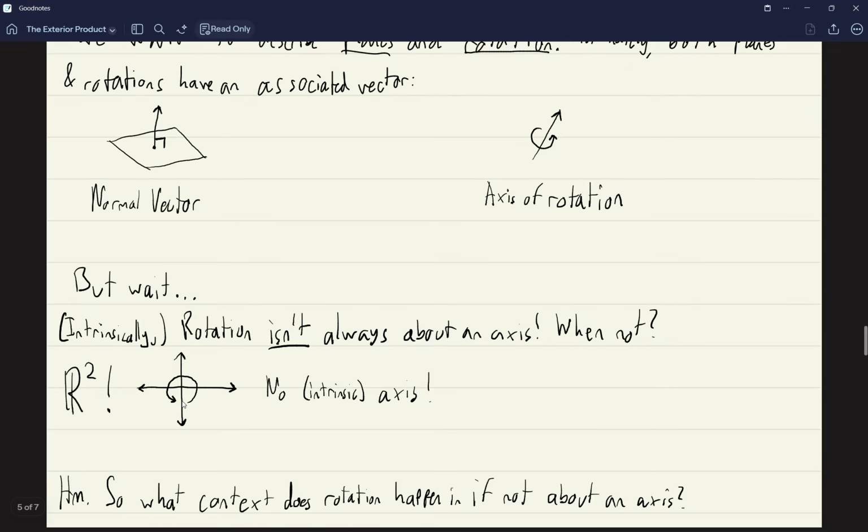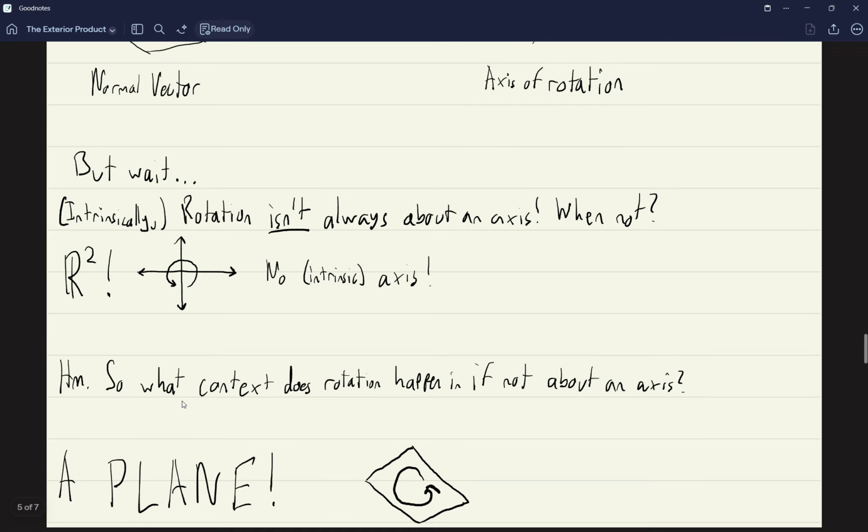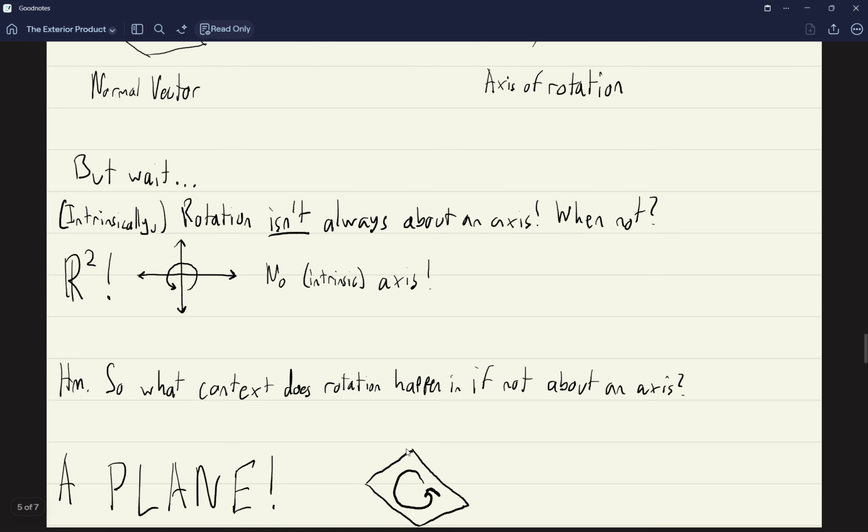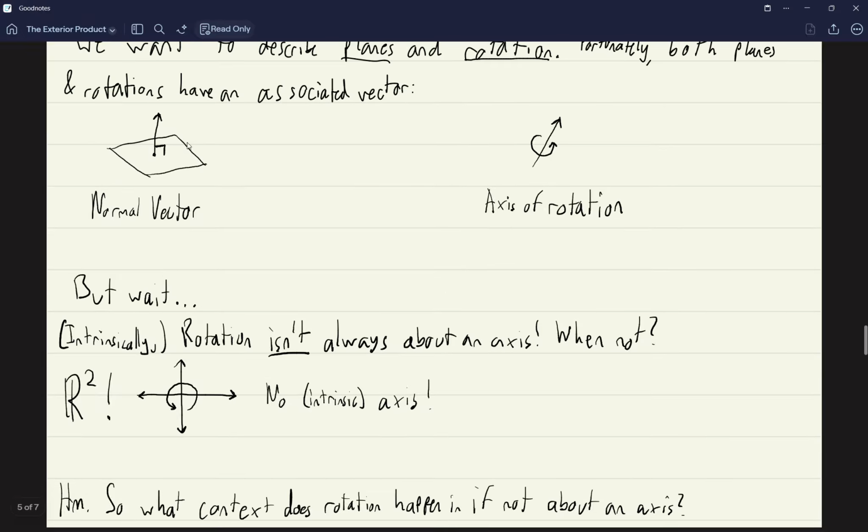So maybe what we should be thinking about is a plane in general, because even in the general case, although you could say rotation happens about an axis, even more generally, rotation just happens in a plane. And we see that here where there's no room for an axis unless we want to extend to a third dimension, which we don't really want to do if we don't have to, right? So really we can just consider this rotation to be happening in a plane.